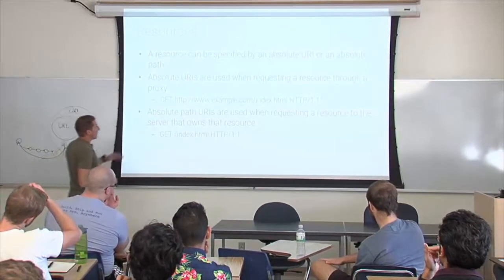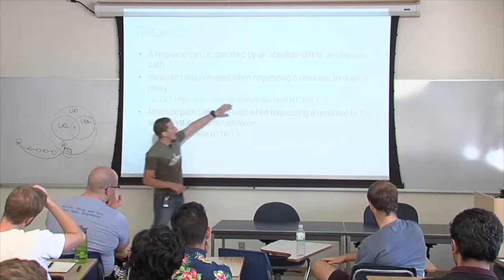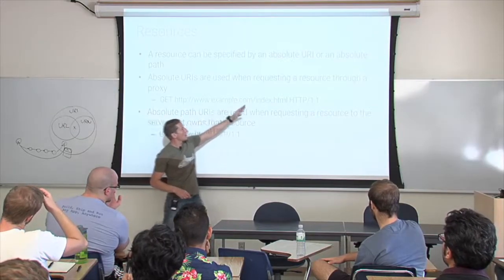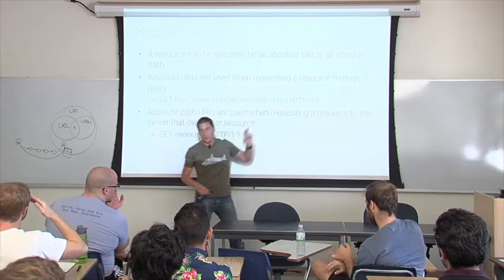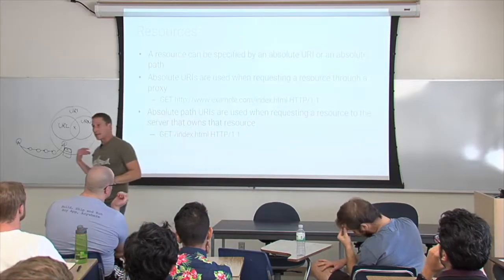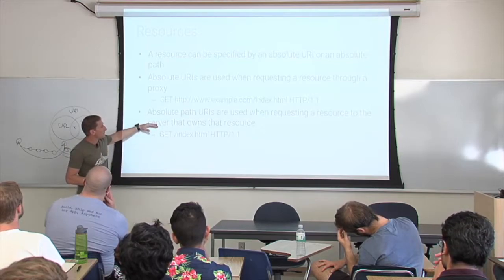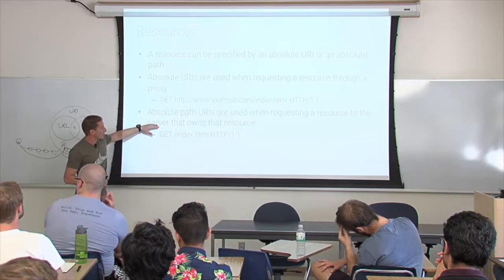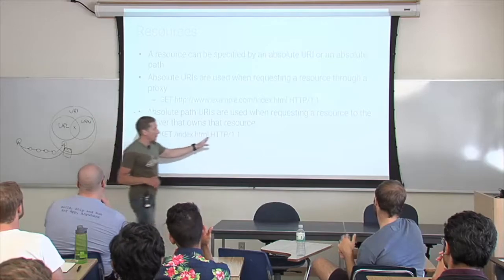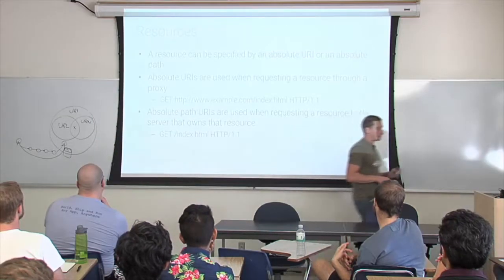So you usually request a complete URI, and then the proxy will ask for just the path resource on your behalf and send it back to you. Of course, if you connect to a server that owns that resource, then you use simply the path.